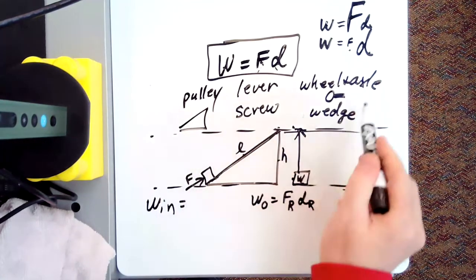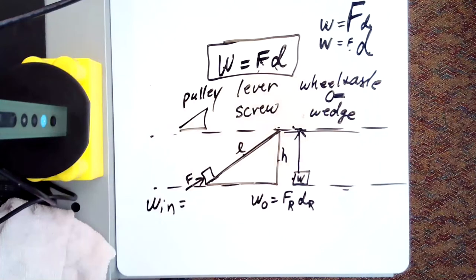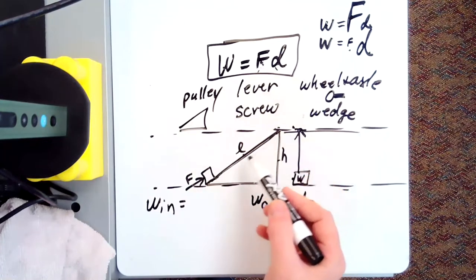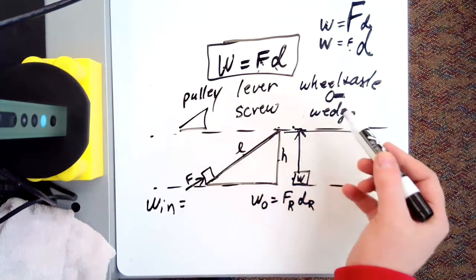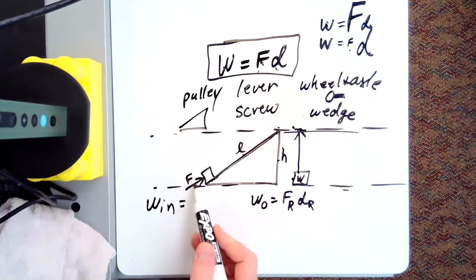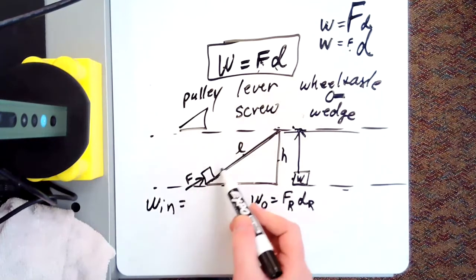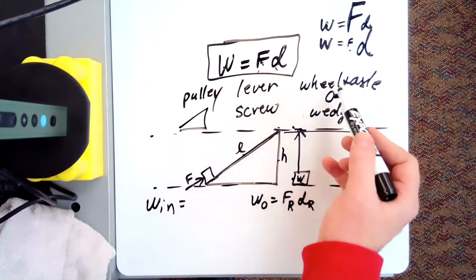Every one of these six simple machines work that way. Okay, I can use a simple machine to increase the distance that I'm going to have to exert my force, but that will allow the force to be a lot less than what it would normally be. So I'm going to use an inclined plane to push the piano up.